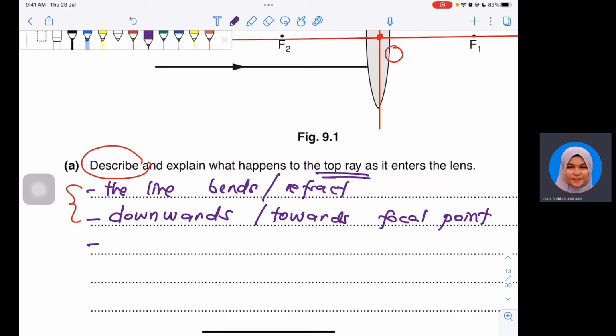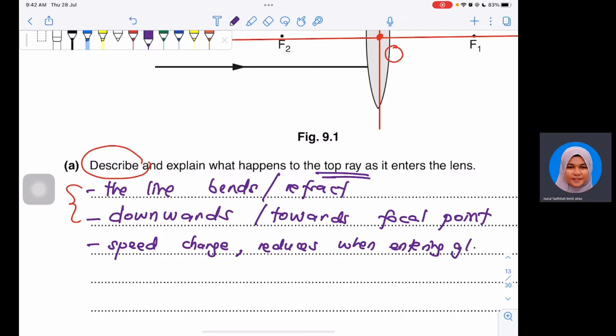Okay, so the explanation is it bends because of speed change. How is the speed changing? It reduces when entering glass, or entering something that has a higher refractive index. The lens has a higher refractive index.